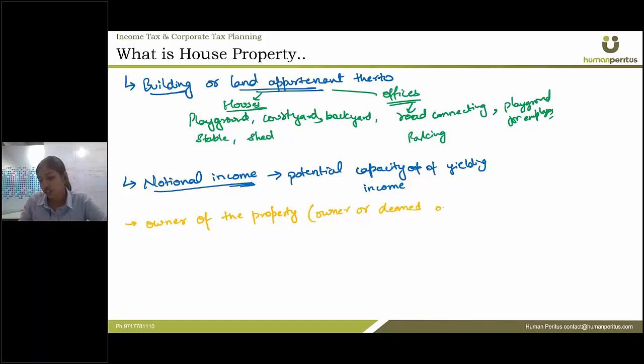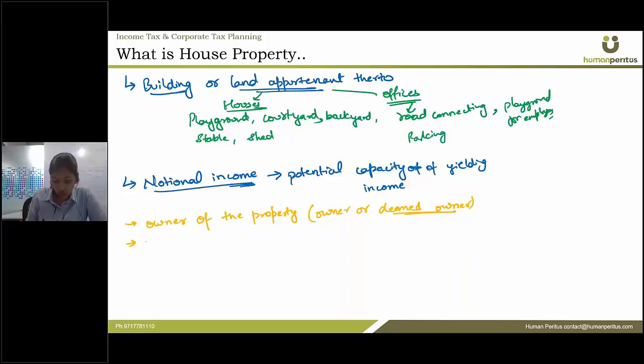And we have understood the meaning of the word deemed. That is, even if the person is not directly getting that income, but he is getting it indirectly, he will become a deemed owner. We will understand this definition in detail after this slide. But for now, you just have to know that he should be the owner of the property, either directly or as a deemed owner.